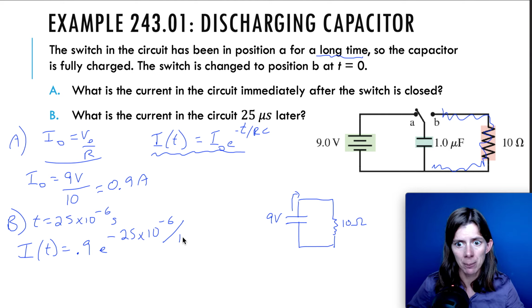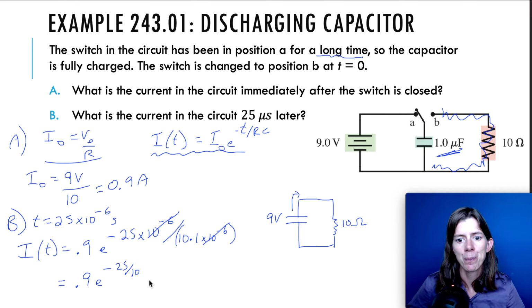R is 10 ohms, and C is 1 microfarad, 1 times 10 to the negative 6. Before plugging all of this into a calculator, you can see that the 10 to the negative 6 cancels out. So you're left with 0.9 e to the negative 25 over 10. Plug that into your calculator, and you're going to get 0.074 amps.